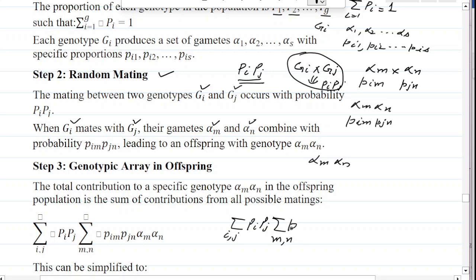So their sum will be Pim Pjn, alpha m alpha n.